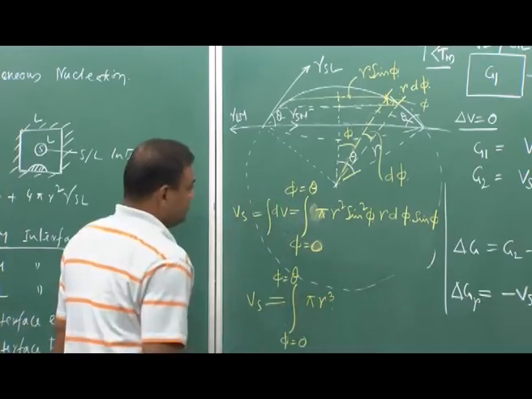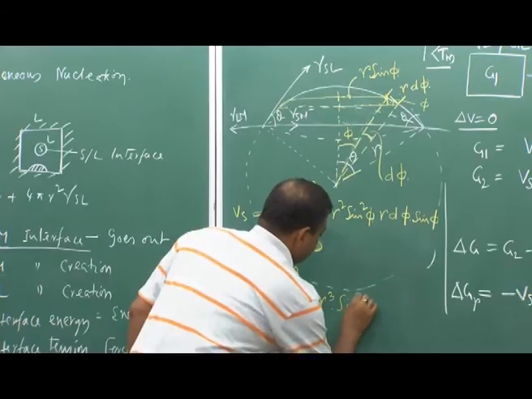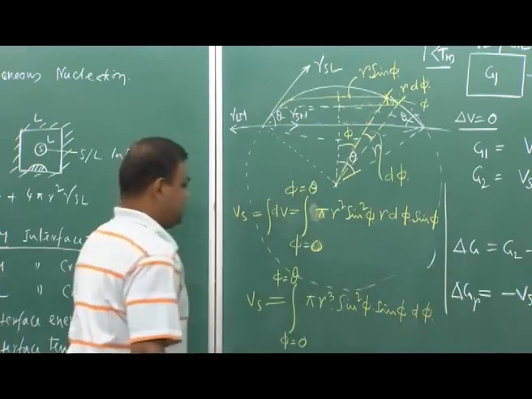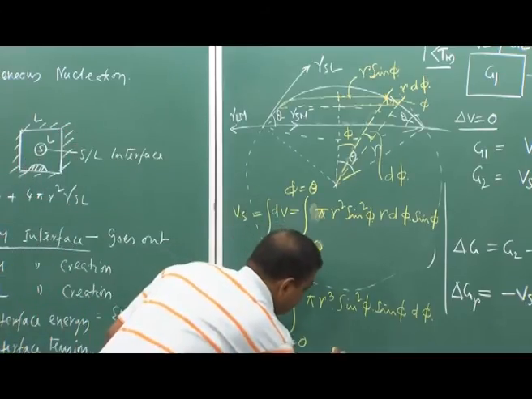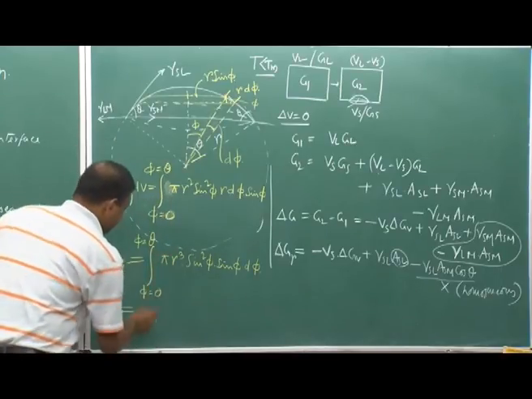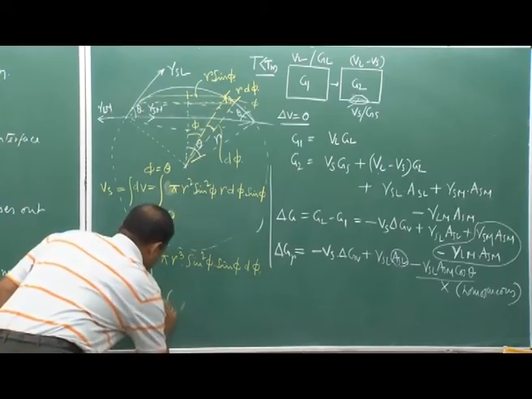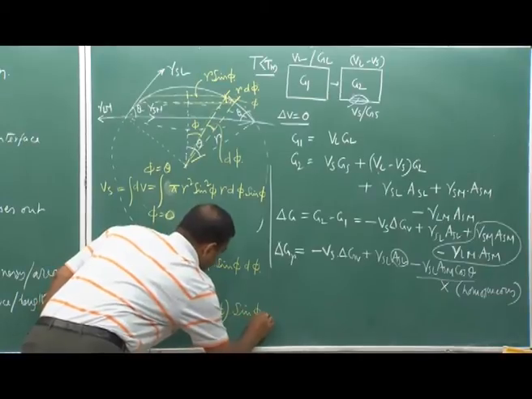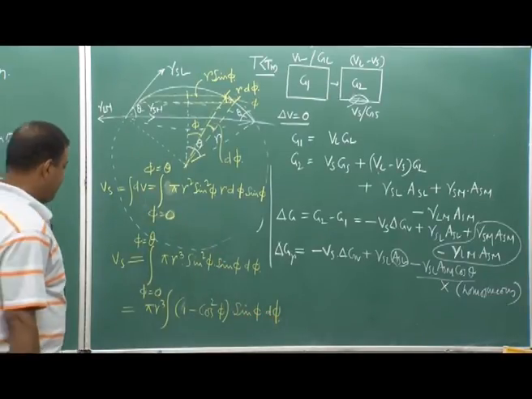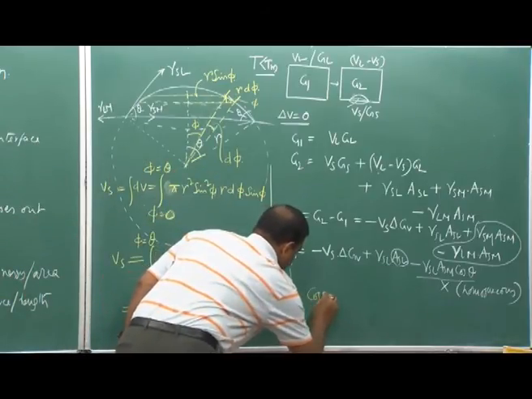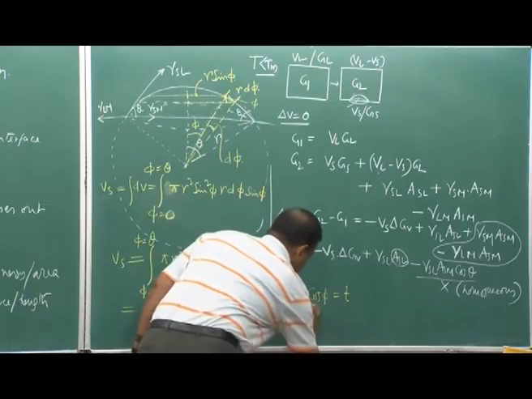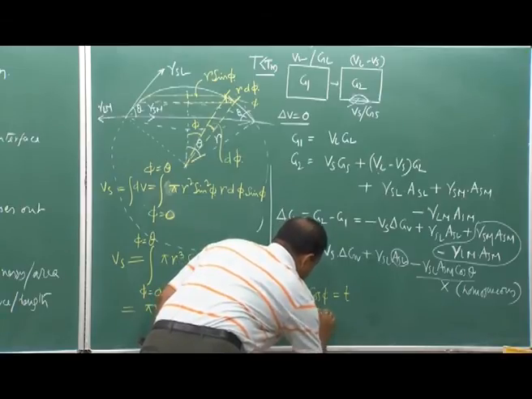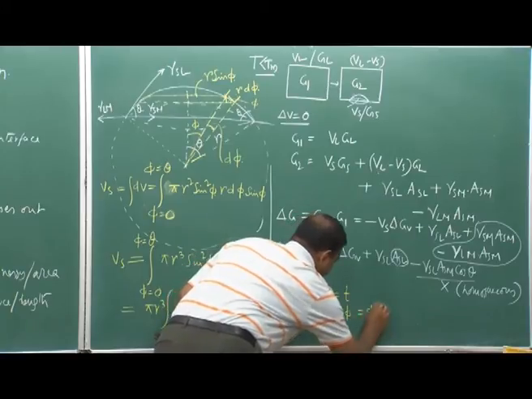Pi r cube, now I can make adjustment, which is pi r cube d phi, and then if I assume that cos phi equal to t, then I can write sin phi d phi equal to dt.